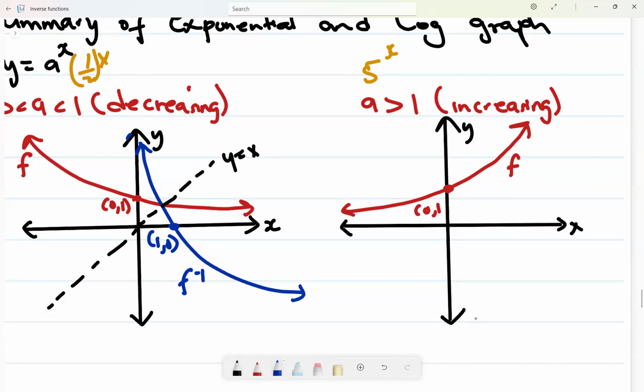Here I see it is an increasing function from left to right. So does this make this one an increasing function? Yes, from left to right.